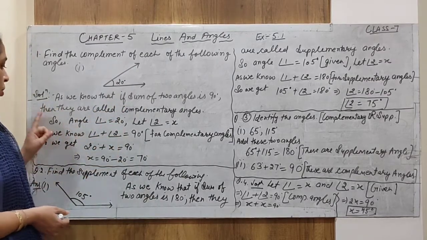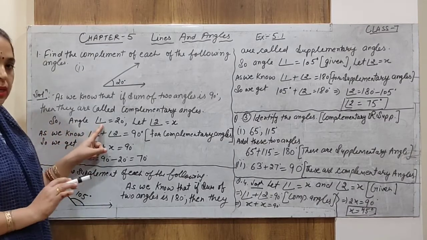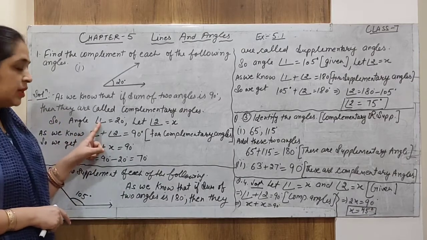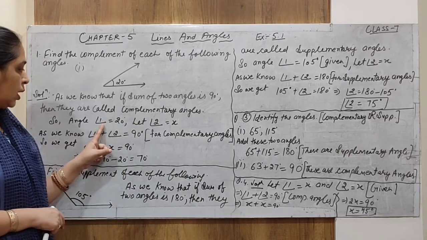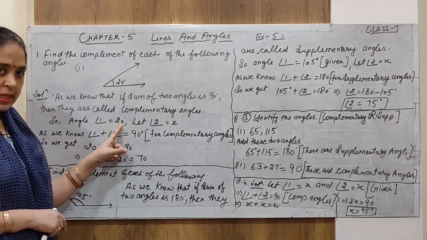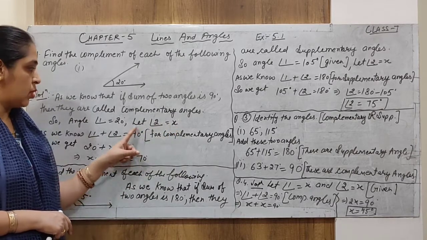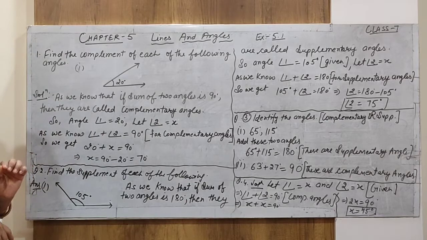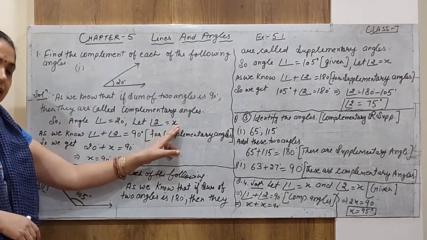For that, what we have to do: angle 1 is already given. You have to suppose two angles, give the names angle 1 and angle 2. Angle 1 is equal to 20 degrees. Angle 2 we must suppose as x, because we say let. Let means we suppose an unknown number which is not known to us, maybe an angle x.